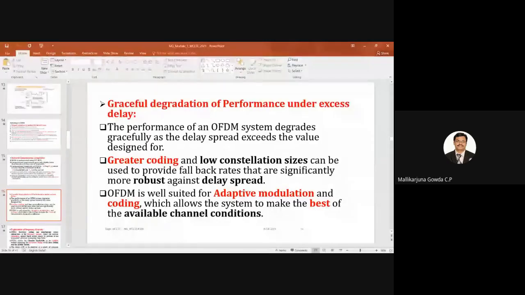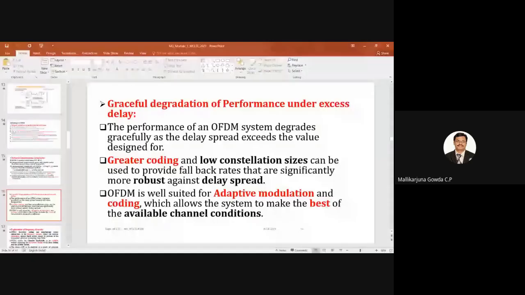The next one is greater coding and low constellation sizes. If I say constellation size, it is applicable to the modulation techniques, right? With respect to BPSK or FSK, even QPSK or QAM, you should be able to visualize the constellation diagram, that is, in-phase and quadrature phase, how the signal is represented in each quadrant.